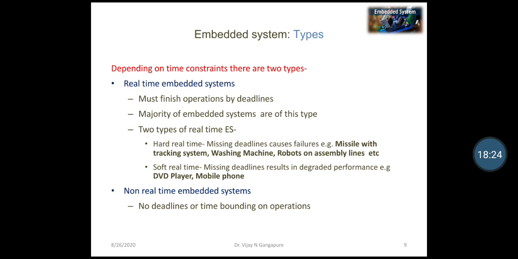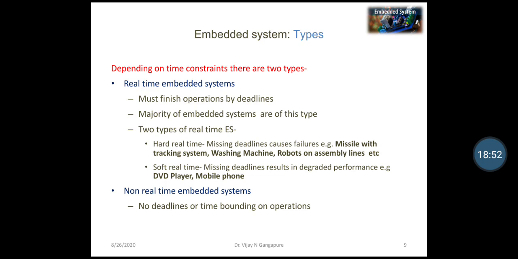For example, a DVD player. In a DVD player, if reading from the DVD takes some time and it misses a deadline, then there will be degraded performance. So you cannot watch the video in a continuous mode in that case. This is called degraded performance, and that is acceptable. Also mobile phone.